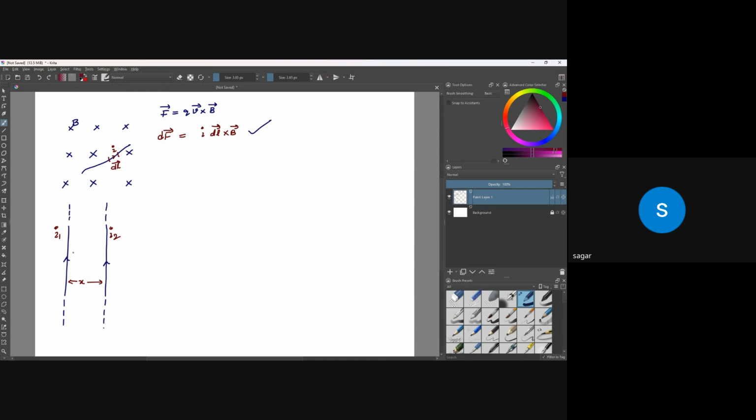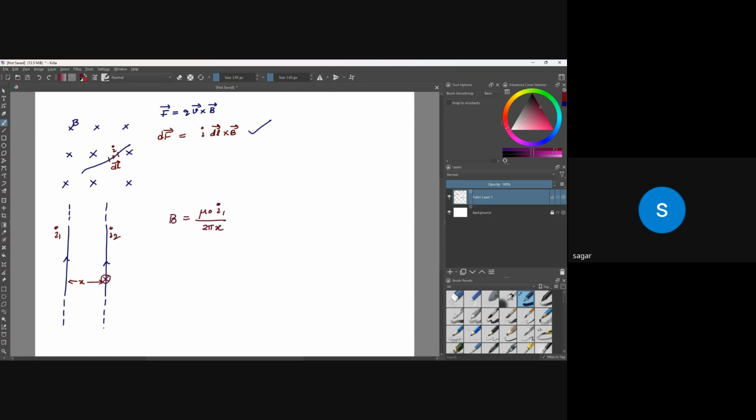So I'll take the first wire, and because of the first wire, I'll find the magnetic field at the second wire. Remember this formula, mu naught I by 2 pi r. That is the formula for the magnetic field created by an infinite wire. So that is the field over here, created by the I1 current.